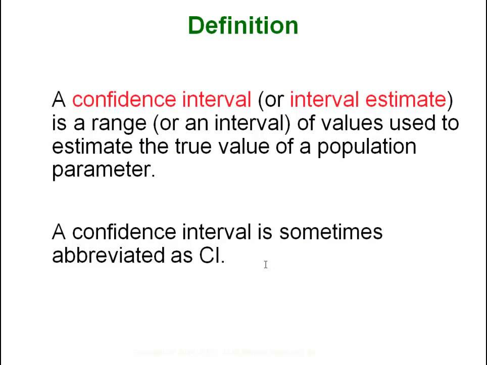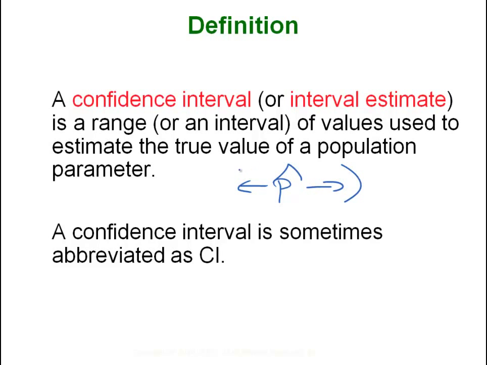Now, our confidence interval, sometimes called an interval estimate, is just a range that we build around our estimate. Our best point estimate in this case is the p hat. Then we build some interval around it.